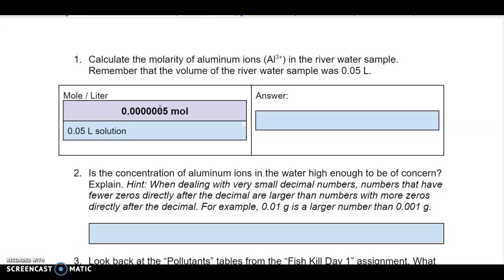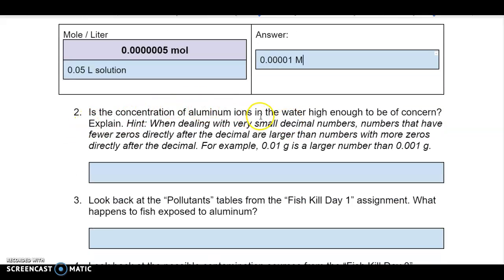Divide it by your liters of solution. And our concentration now is 0.0001 molar. So is this concentration of aluminum ions in the water high enough to be of concern?